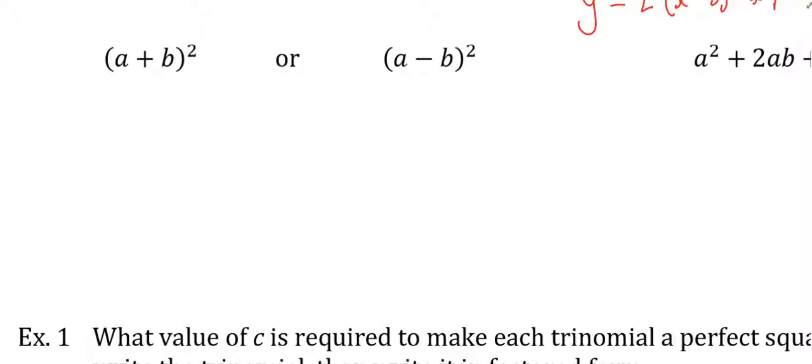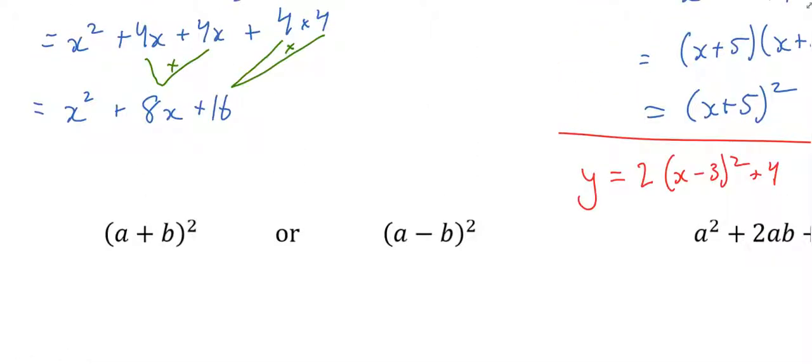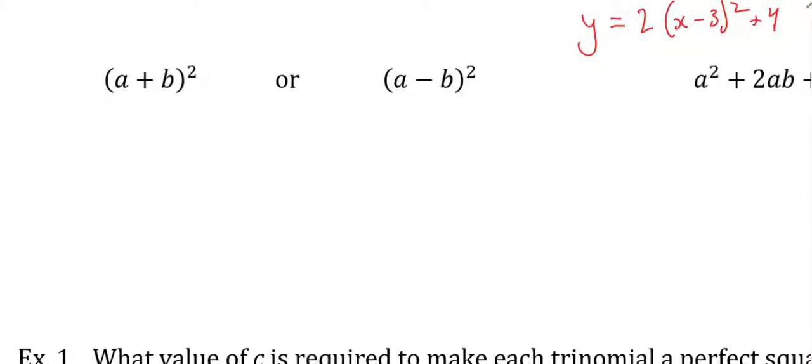So I'm going to write this down. If you don't love it with the a's and b's, if you like thinking about it with the numbers, that's fine. But this is like the general version. So a plus b all squared gives me a plus b times a plus b. Remember, I multiply. It's not a squared plus b squared, right? That's not what it is.